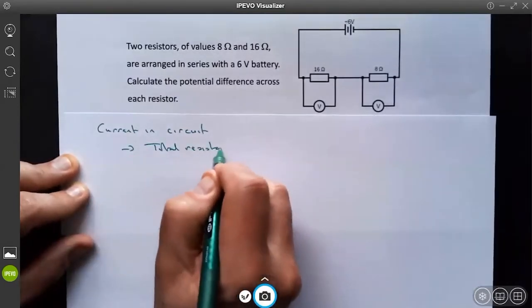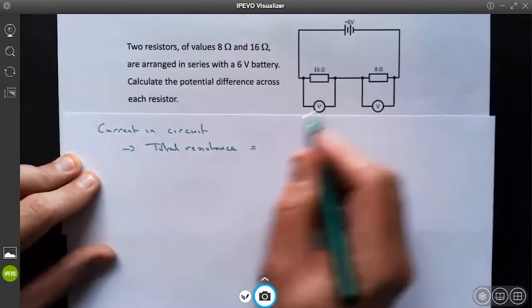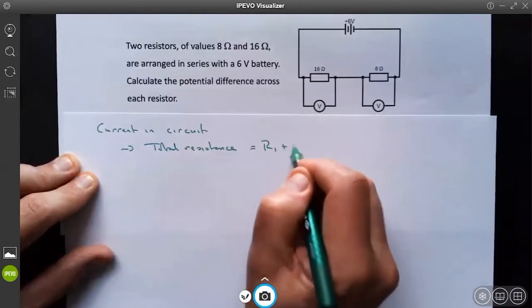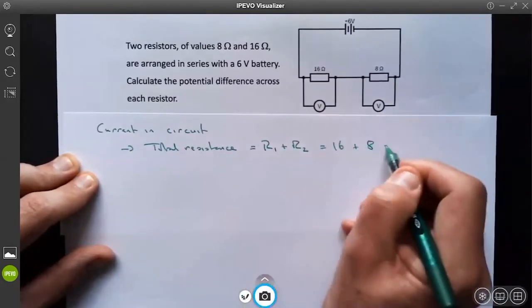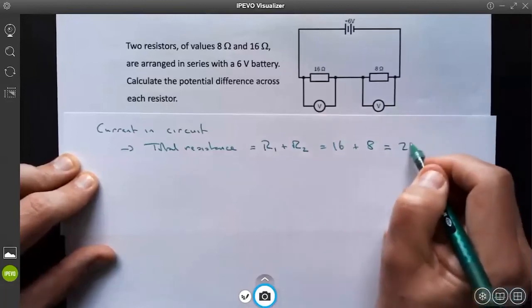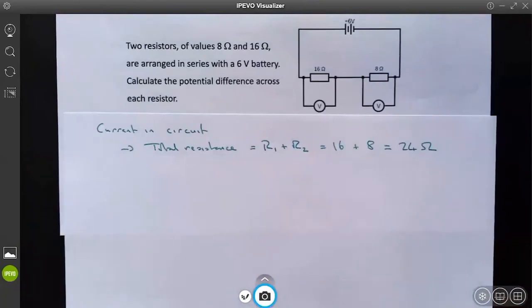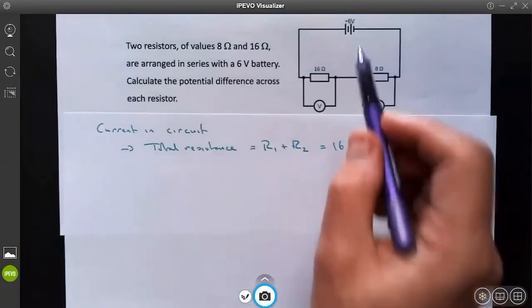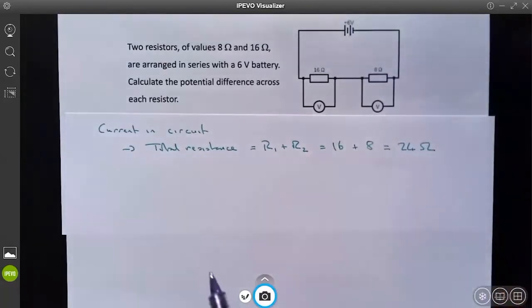In a series circuit, the total resistance is just the sum of the two resistors in series. We'll call them R1 and R2, and that will be 16 plus 8, which is 24 ohms. We can imagine those to be a single resistor, and if that were the case, we'd have 6 volts across a 24 ohm resistor.